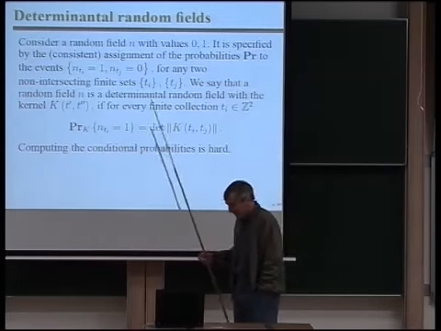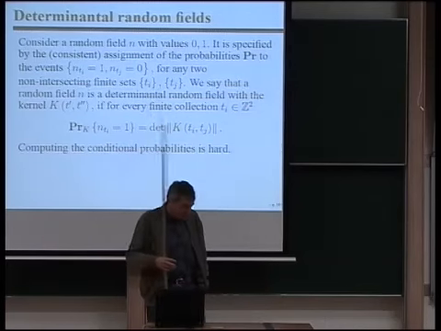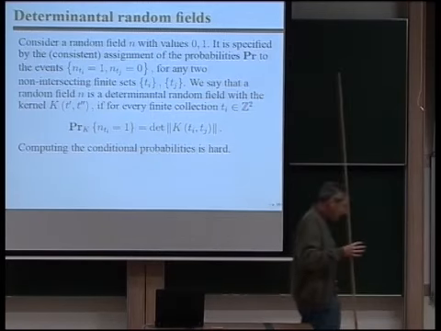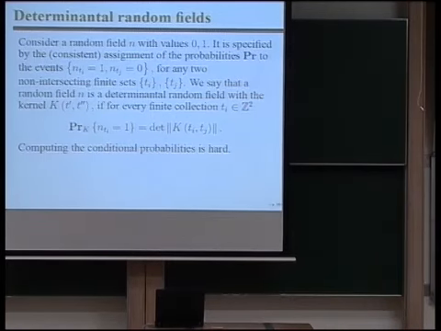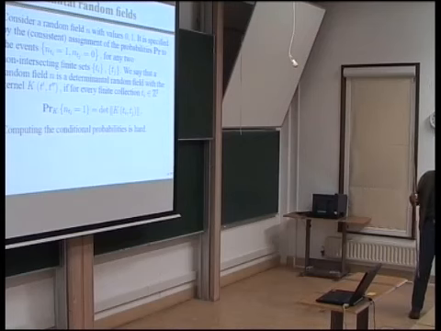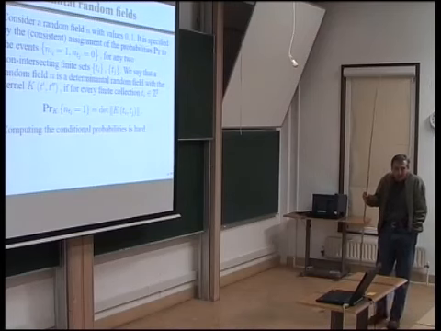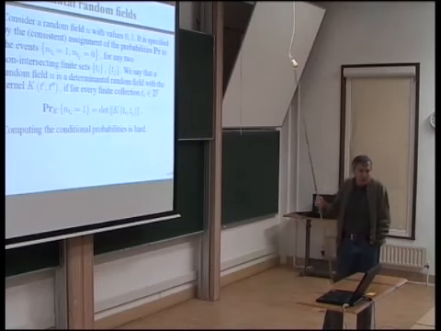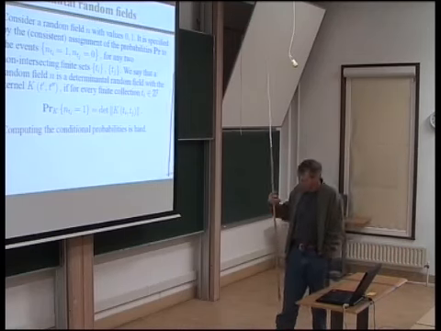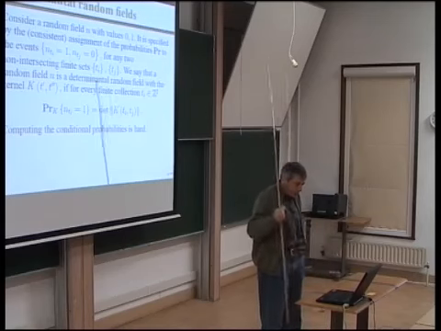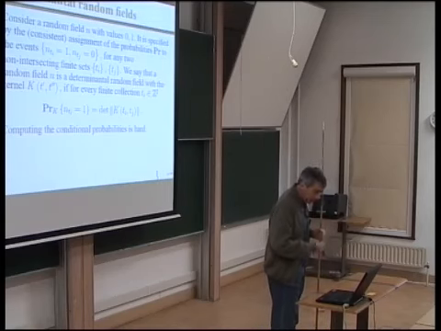So yes, it's a miracle. It is the same kind of miracle as you would find in exactly solvable models of statistical mechanics. It's very rare that those things happen, but still they happen, and there are examples. So this is what the determinantal random field is.